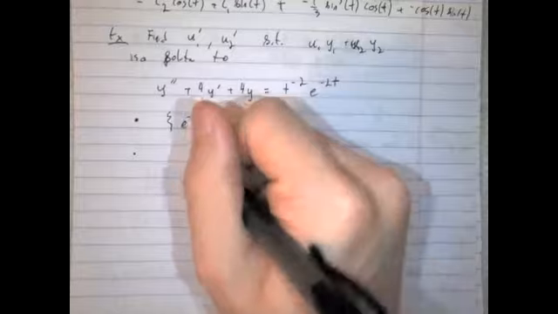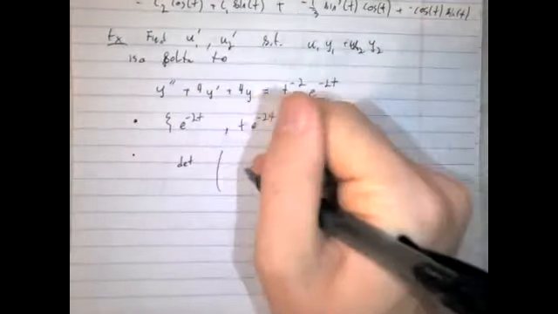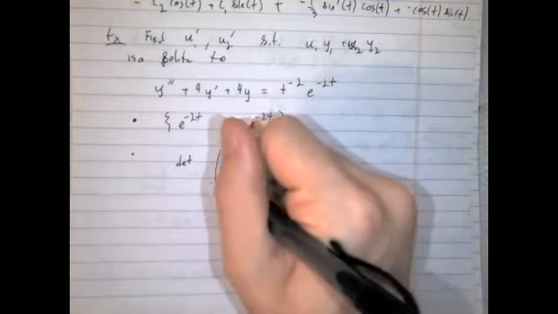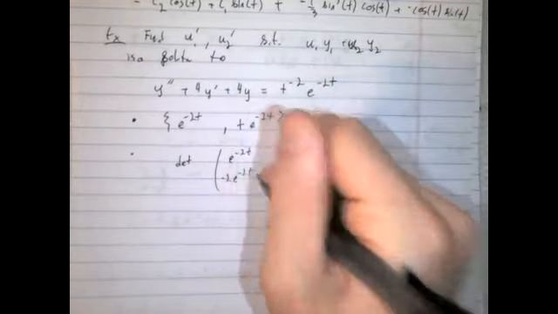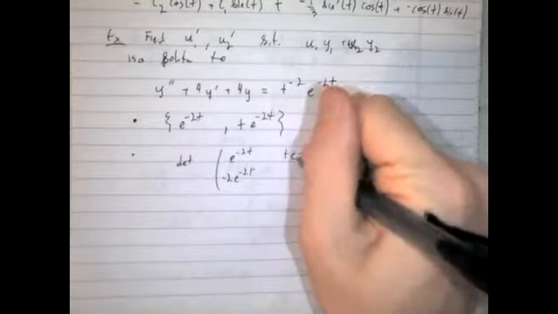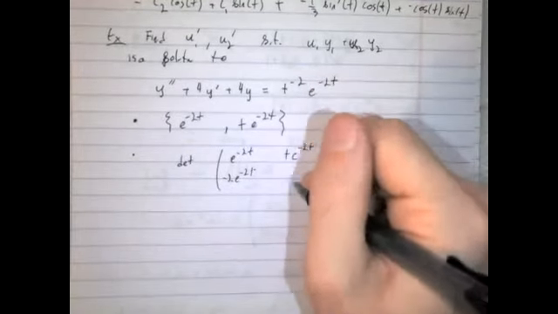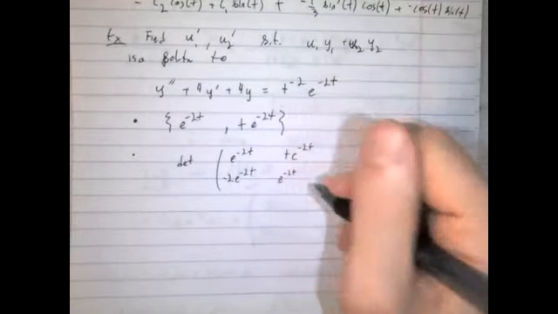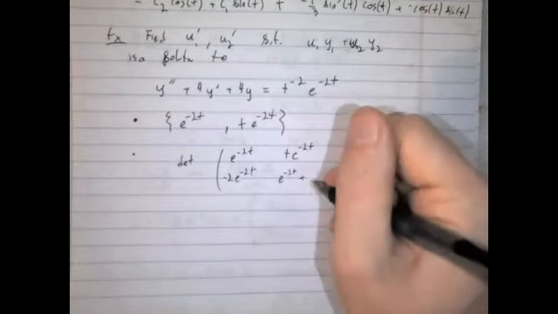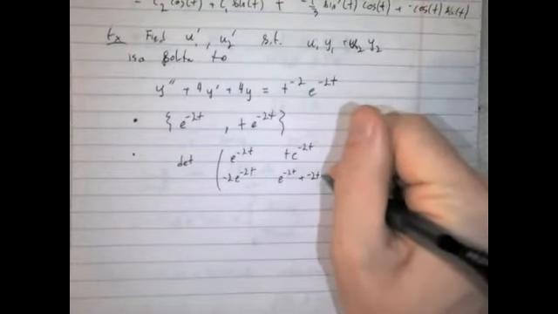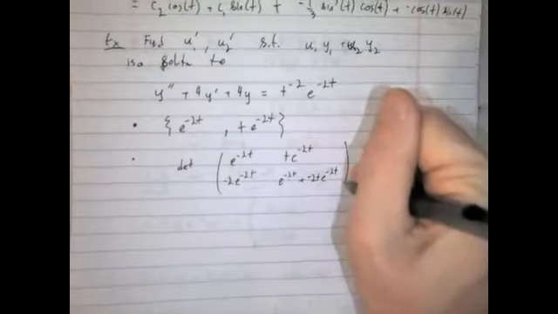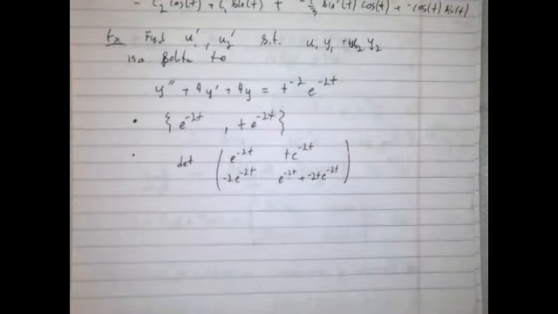So the Wronskian is going to be the determinant of e to the negative 2t, and down here negative 2 e to the negative 2t, and here t e to the negative 2t, and here e to the negative 2t plus negative 2t e to the negative 2t. Did anyone compute this determinant?